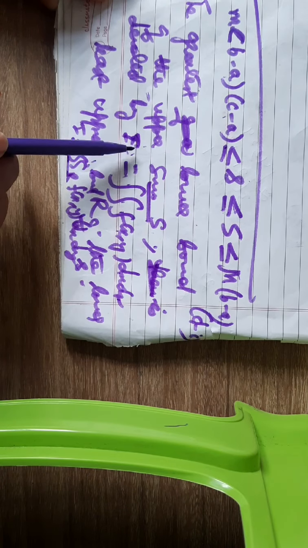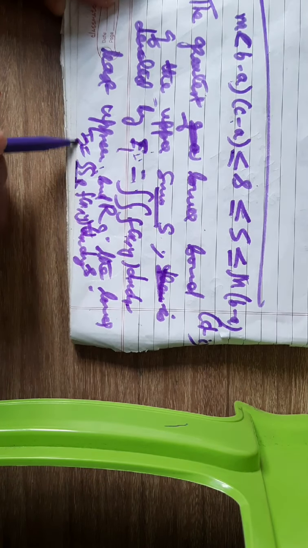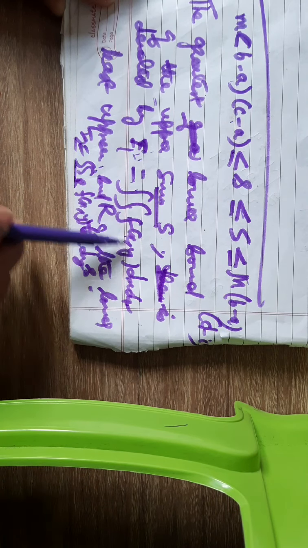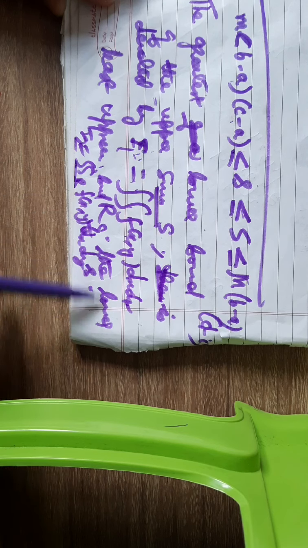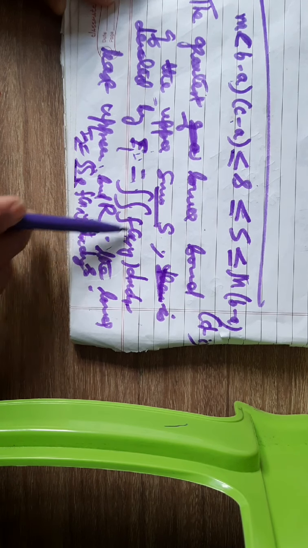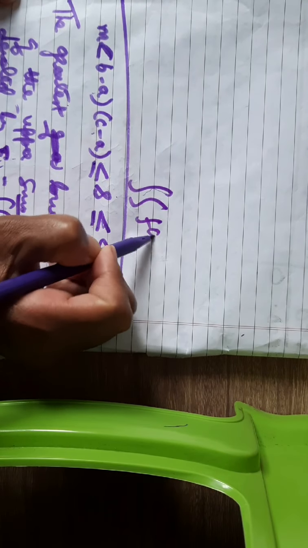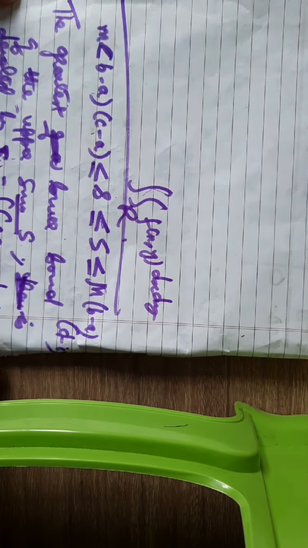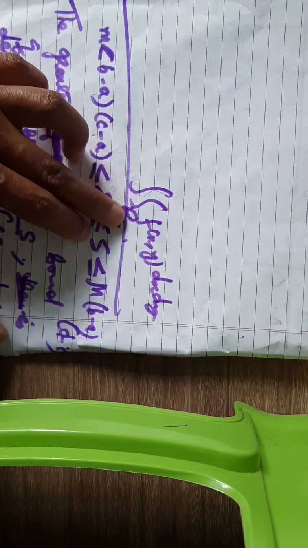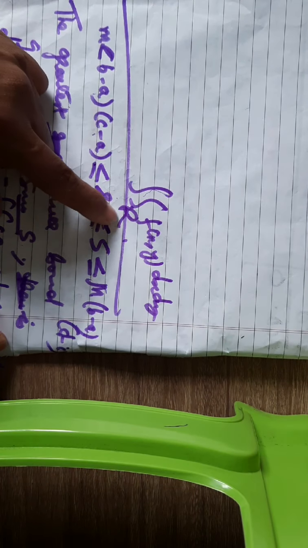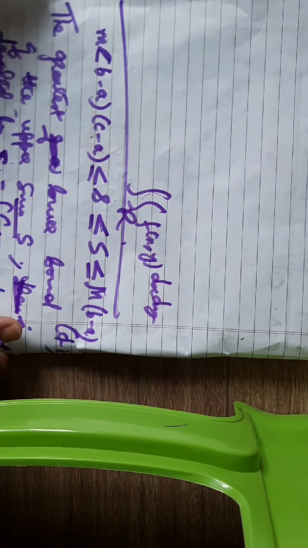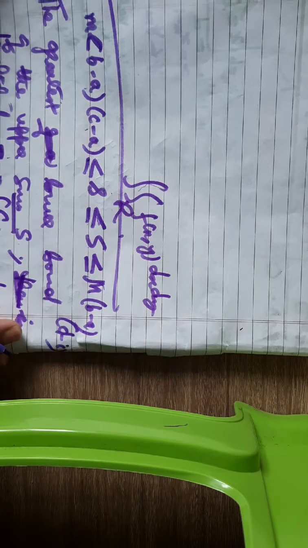That means if I1 is equal to I2, that is, if the greatest lower bound of the upper sum is the same as the least upper bound of the lower sum, then the double integral exists, and it is given by the double integral of f(x,y) dx dy over that rectangle, bounded by x equal to a, x equal to b, y equal to c, y equal to d. So this is the method of evaluating the double integral over the rectangle.